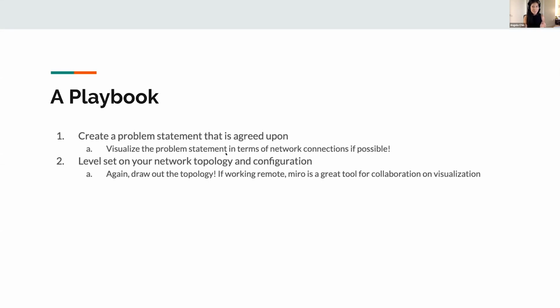And right now, as we are almost all working from home and working remote, I highly recommend Miro as a tool that you can use for collaboration and visualization. It's really nice because not only is it easy to draw and collaborate together on that shared understanding of the network topology and configuration, but it also will create for you an artifact.